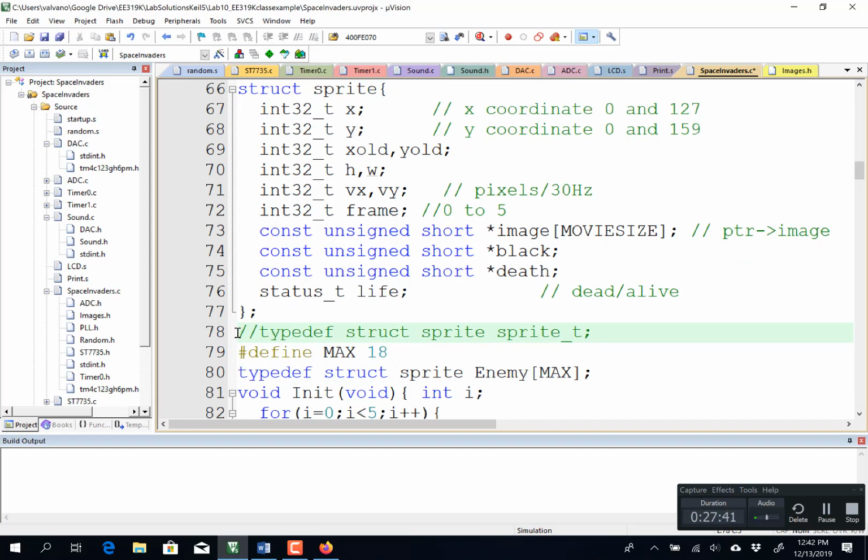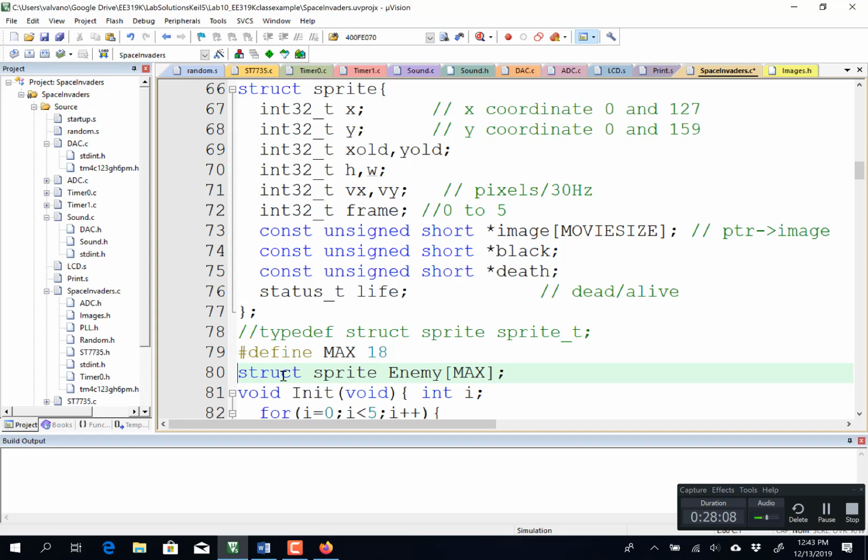So if I wanted to create multiple enemies, I don't need the type. It's just quicker. Typedef, no, that was struct straight, that one, sorry. That would have worked. Struct sprite, yeah, struct sprite.